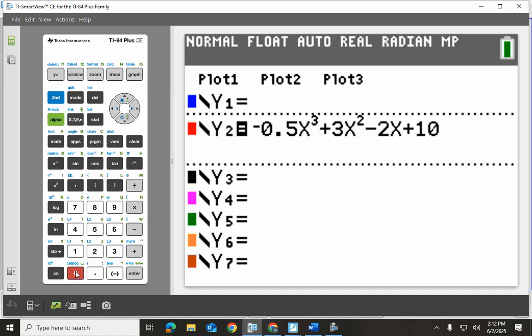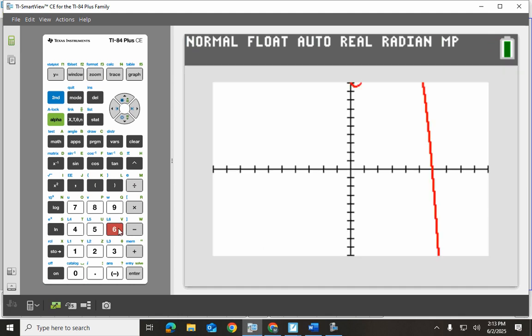Okay. So I'm just going to go zoom 6 to return my window settings back to normal because remember I monkeyed with them on the last question. So I'm going to go zoom 6 and see what I've got.